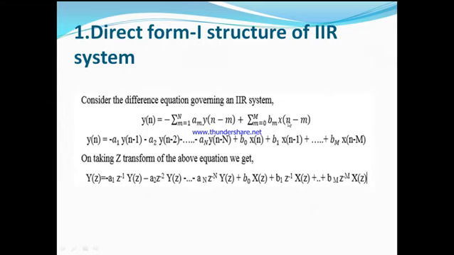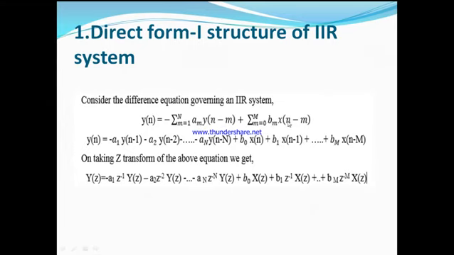So listen here, X of z is the input and Y of z is the output. First we have the term minus a1 into z power minus 1 into Y of z.